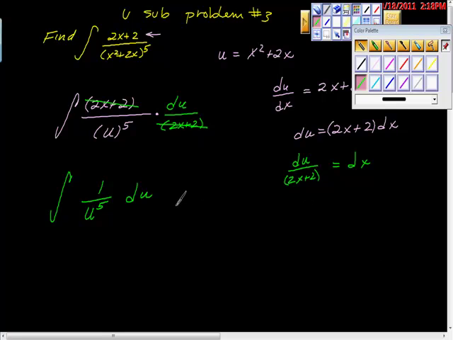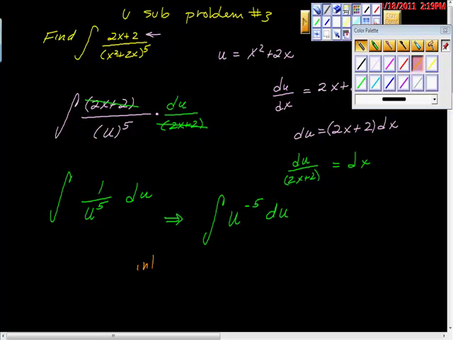And what happens with this mess? Is this an integrable form here? Do you want to try to take the integral of this right here, or how else can you show this? Exactly. So take it like this: u to what power? To the negative 5 du. Now I think we can integrate, can't we?